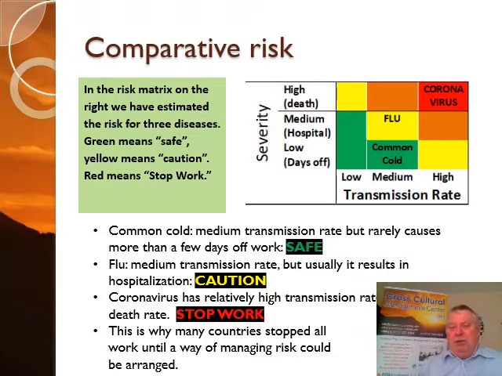So this risk matrix, we look in general at 3 diseases: the common cold, flu, and coronavirus, right? So here we're talking about transmission rate under normal circumstances where you assume one person is sick, how likely he is to pass that disease on to somebody who is not sick, right? Now, both the common cold and the flu have relatively medium transmission rates, right?